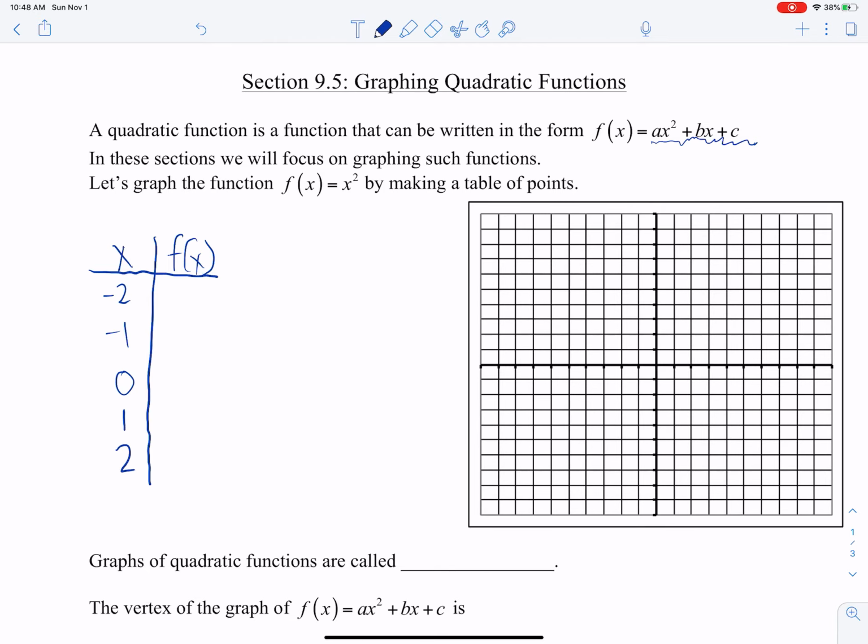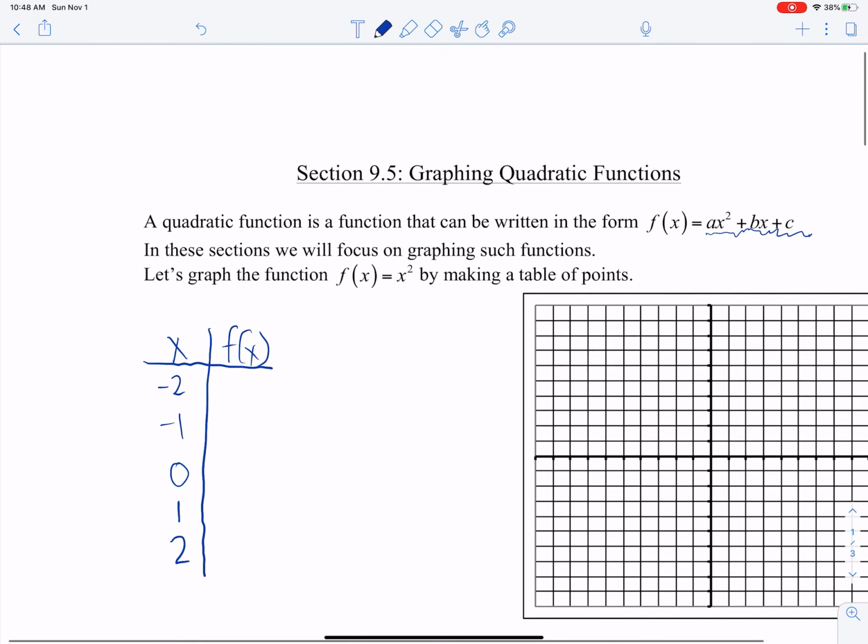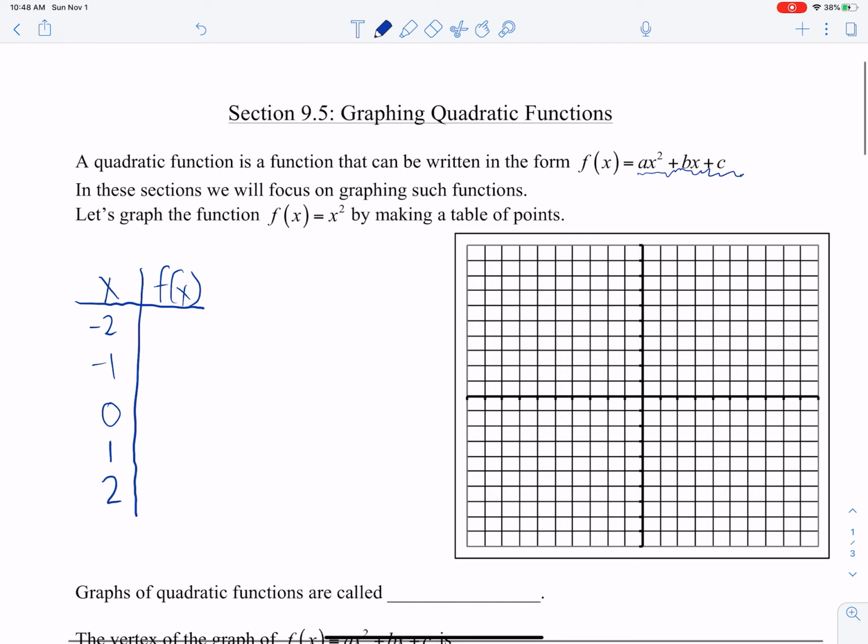So if we put in -2, when you square it, that would be -2 times -2, which would be a +4. So that tells us that the point -2, 4 is on our graph. -2 for x and 4 for y. When we plug in -1, -1 times -1 is a +1.